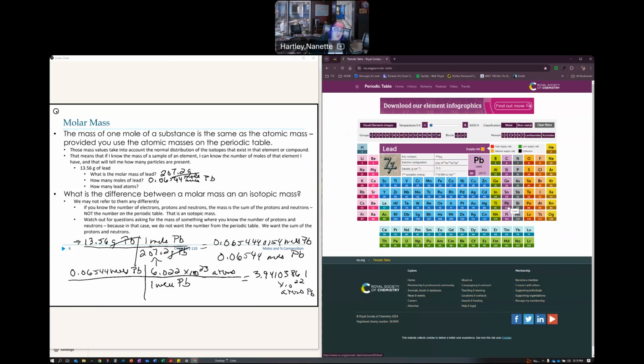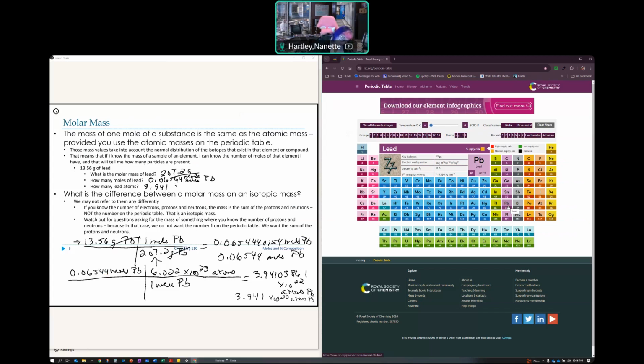Okay. Looking at that, I'm still looking at 1, 2, 3, 4 sig figs. So this would be reported as 3.941 times 10 to the 22nd atoms of Pb. Okay. So that would be the number that I would report right here.